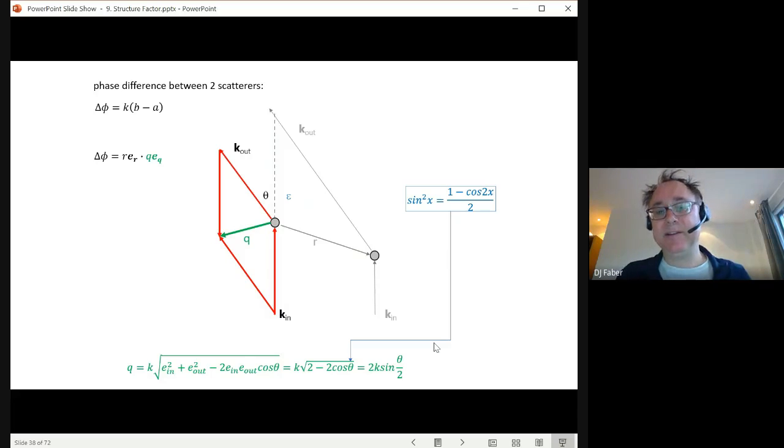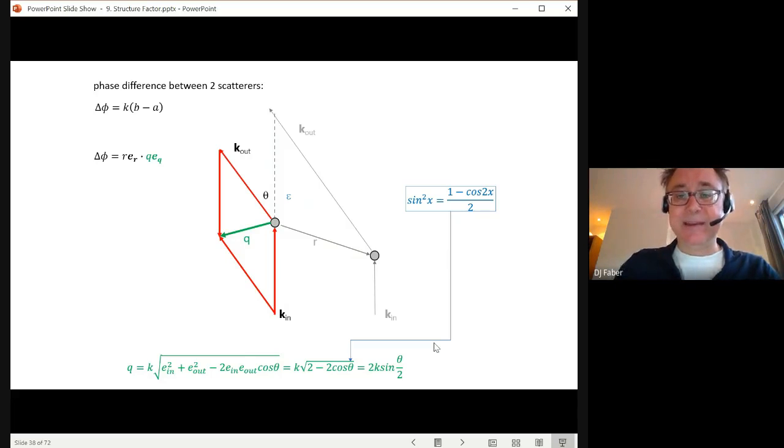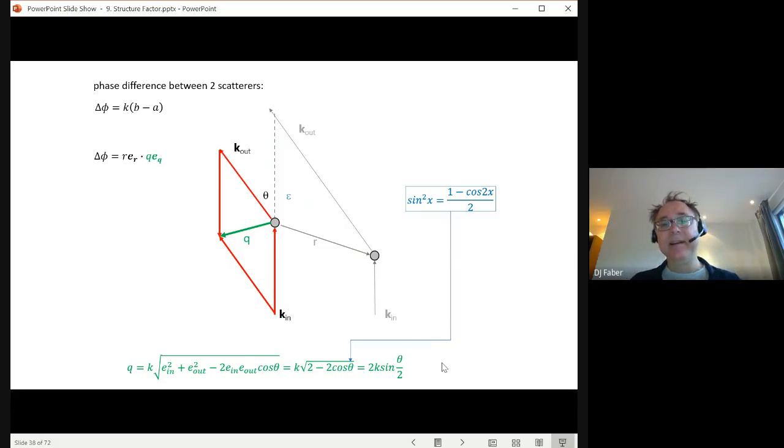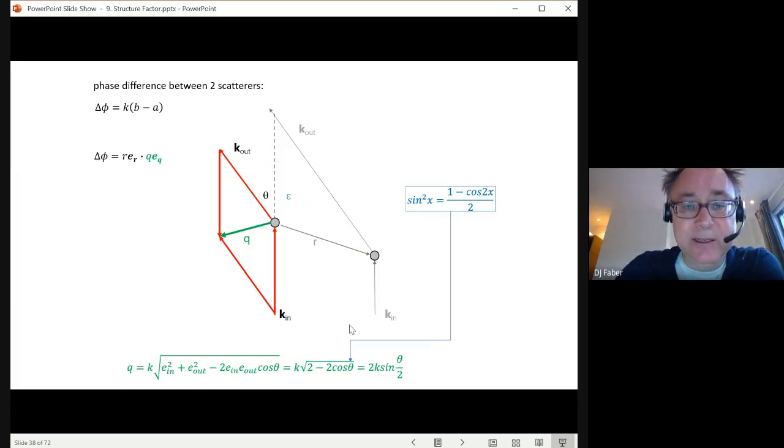We know that sine squared of x is 1 minus cosine 2x divided by 2. So we can rearrange that a little bit to replace the cosine term, and then because we now have sine squared, we can take that square root and manipulate that into this expression. So 2 times k, the k is carried over, times sine half theta. So this is the magnitude of this vector q.